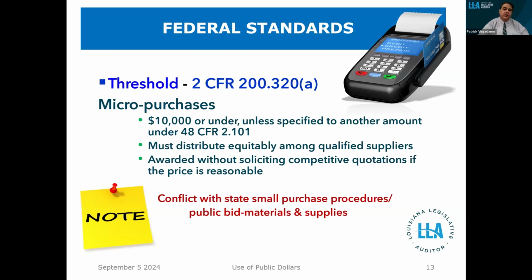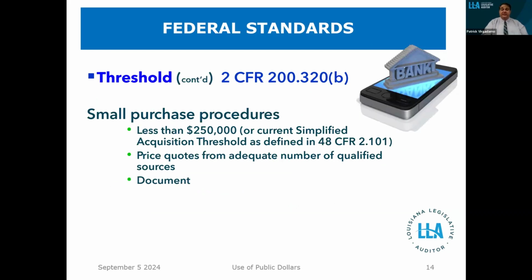Small purchases are now less than $250,000, or what is at the time of the purchase the current simplified acquisition threshold as defined in 48 CFR 2.101.